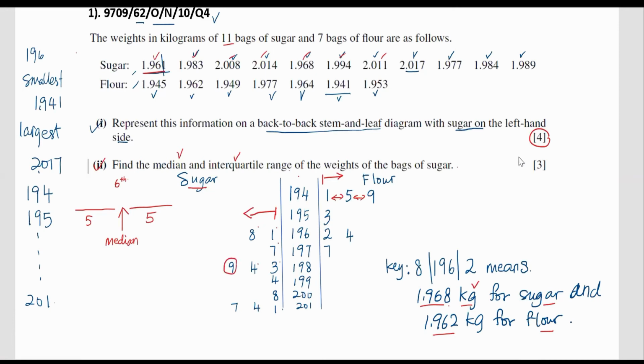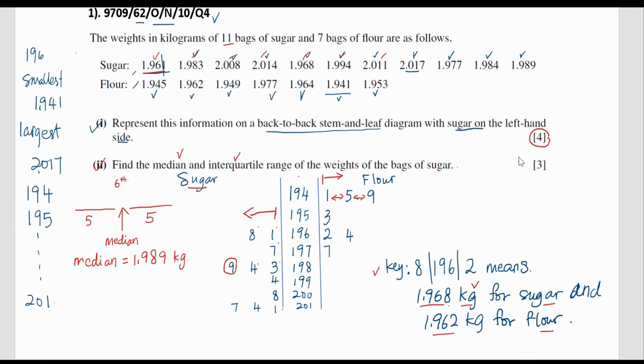Hence, exactly at the 9th here is going to give me the median. But of course, the median is not just 9. You have to read from the key, and the median should be 1.989 kg.